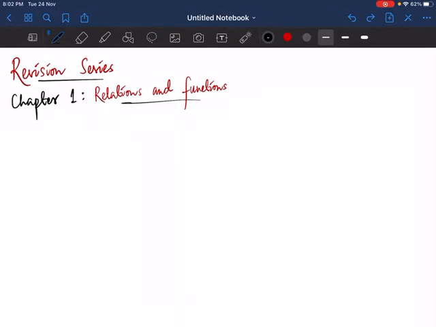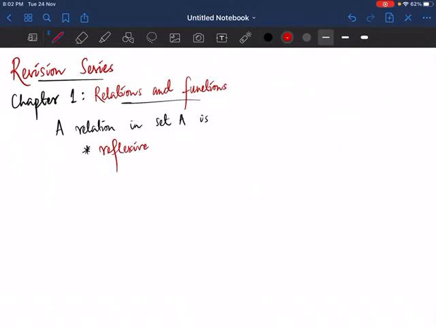Suppose I have a relation in set A. A relation in set A is said to be reflexive. Now when is it called reflexive?